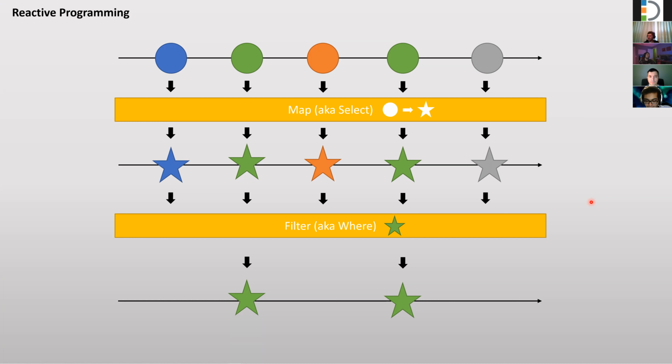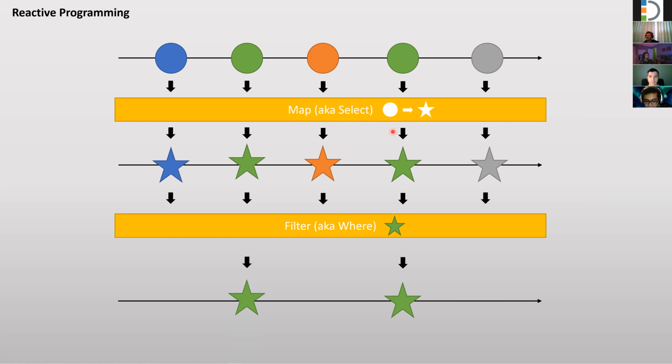It basically allows you to operate on event streams as if they were lists. So if you've ever seen LINQ in C#, which lets you do filters and transformations on lists, you can do filters and transformations on events with the same kind of concepts, like a map, aka select in C#.